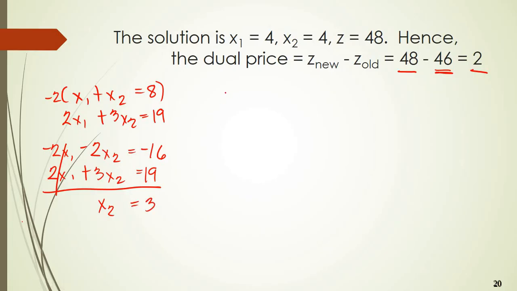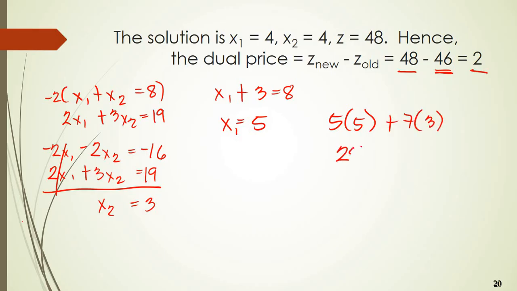And then we substitute it: x sub 1 plus 3 is equal to 8. So the value of our x sub 1 will be 5. Then if we substitute into our objective function, that is 5 times 5 plus 7 times 3.